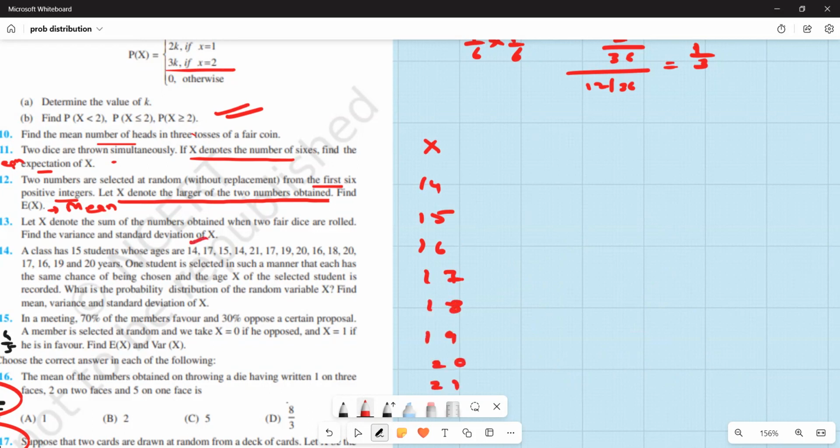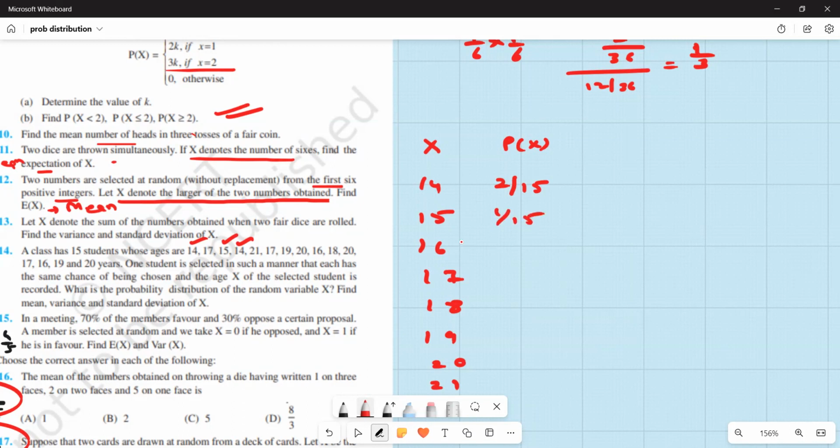So 14, 1, 1, 2. So what is probability distribution? 2 by 15, right? Then 15. This one only single or some other number is there. So only 1 is there. So tick mark this. So this is 1 by 15.